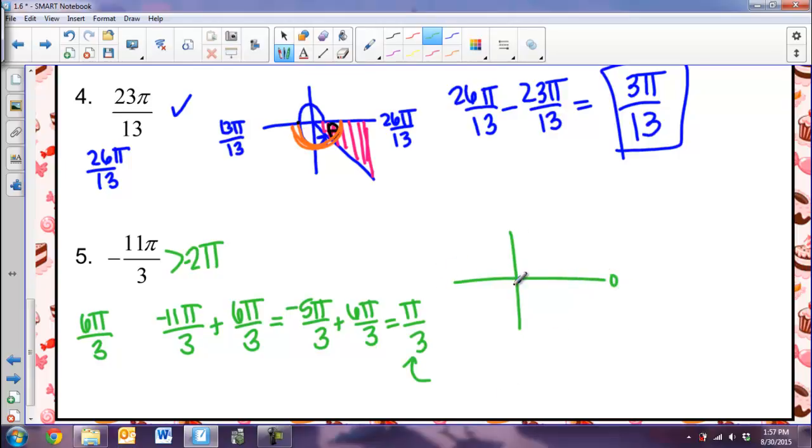So this guy's 0, this guy's 3 pi over 3, this guy is 6 pi over 3. And since I had to plus or minus the 2 pi twice, I did it right here and I did it right here. That means that my angle is coterminal with pi over 3, which would be in the first quadrant, but I had to go around a few times to get there. So I went around once, twice, and then I got here.